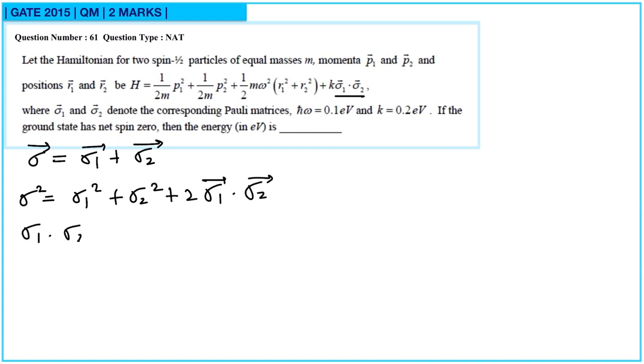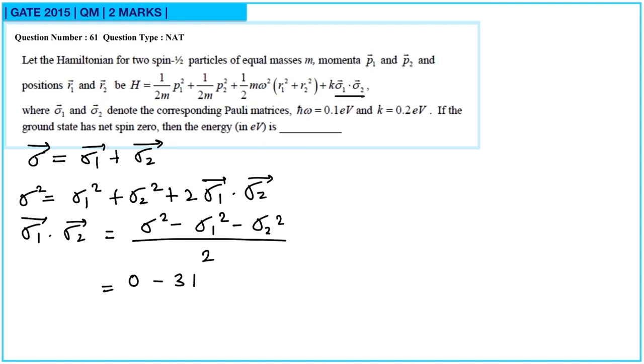So sigma 1 dot sigma 2 is equal to sigma square minus sigma 1 square minus sigma 2 square upon 2. But sigma square is 0, and sigma 1 square is 3 and sigma 2 square is also 3. So this is equal to minus 3 only.